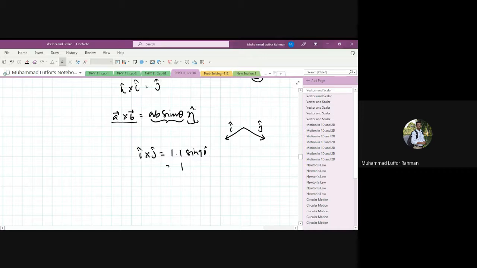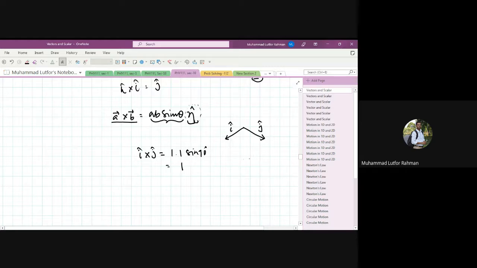I say this n hat will give you the direction. And direction you can find out actually using the right hand rule. What is that rule? You have to put your forefinger or the index finger towards the first vector and rotate it towards the second vector, right? Do you know that one?